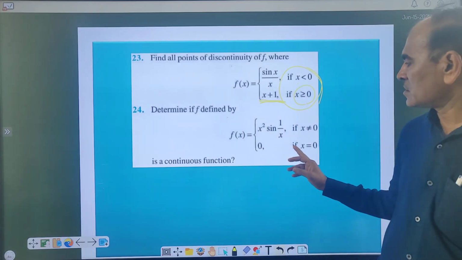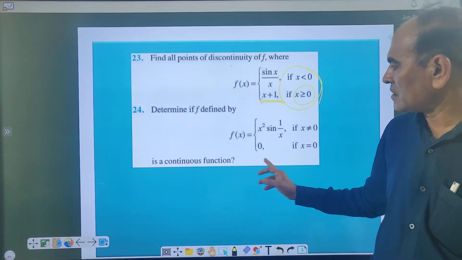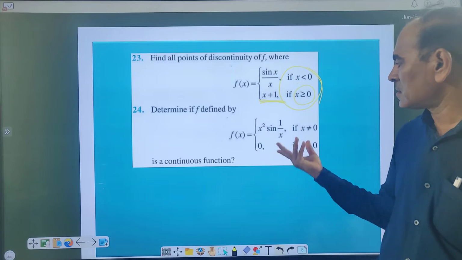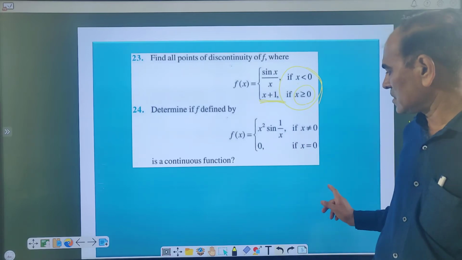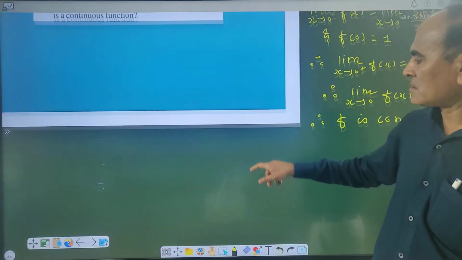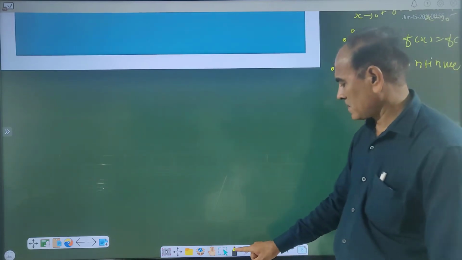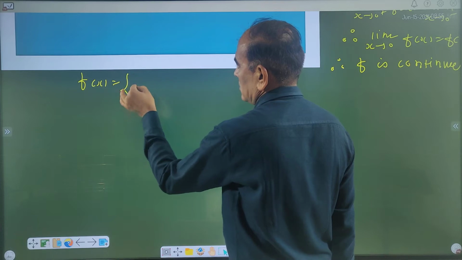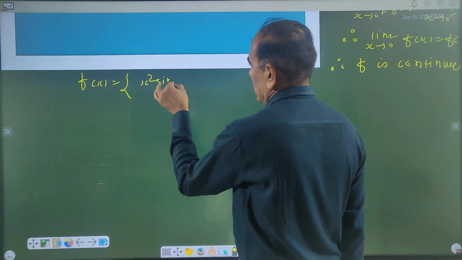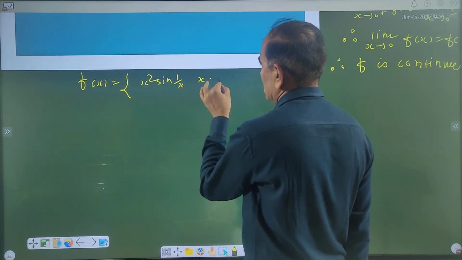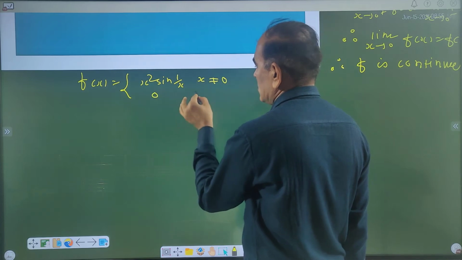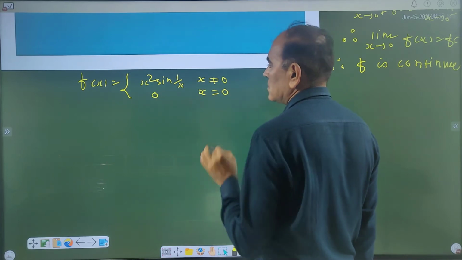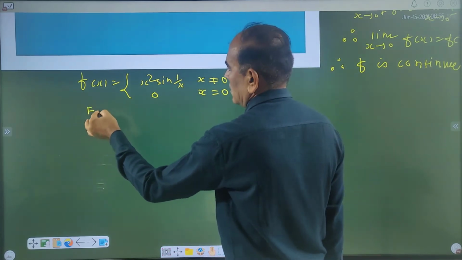Determine if the function defined by x square sin 1 by x is a continuous function or not. f of x is equal to x square sin 1 by x for x not equal to 0, and 0 whenever x is equal to 0.